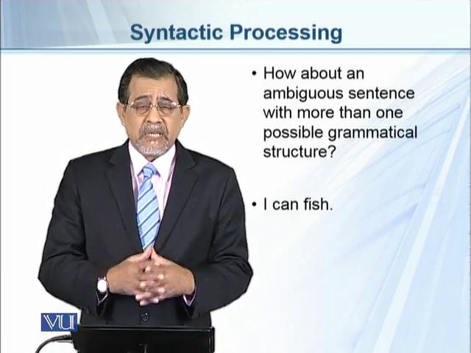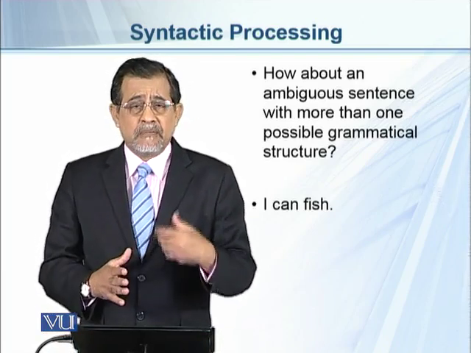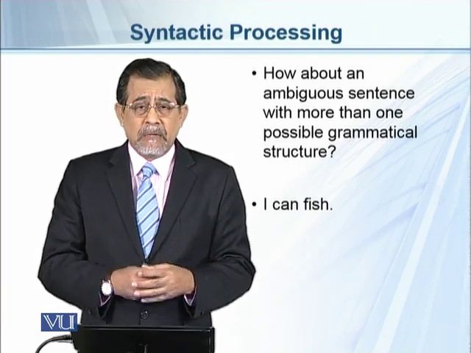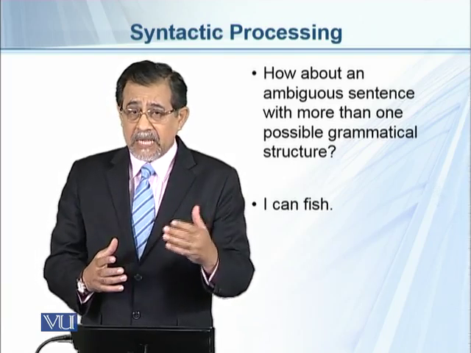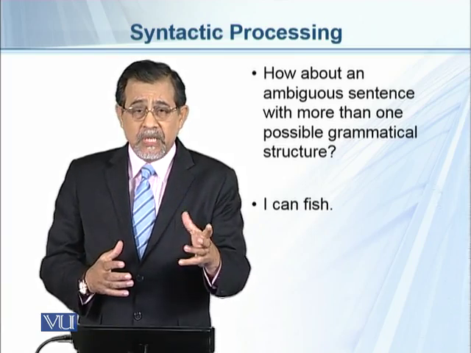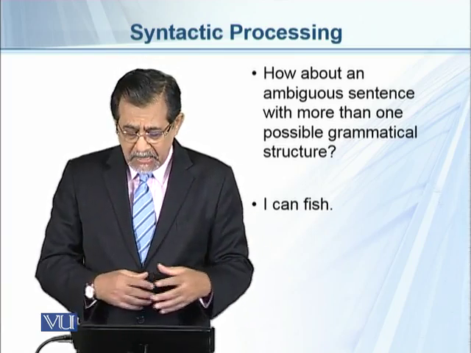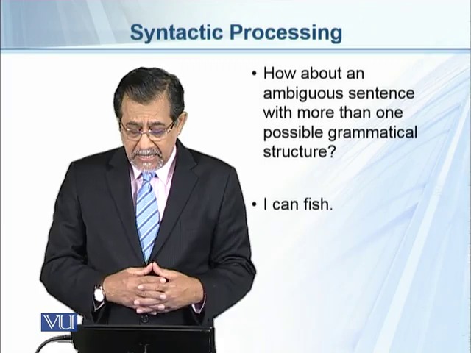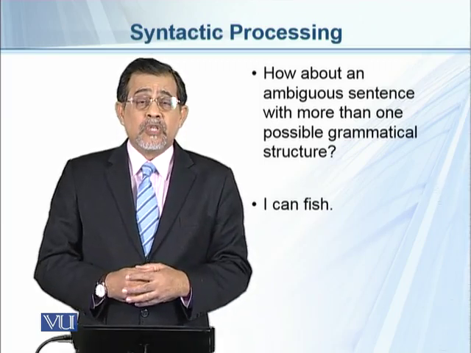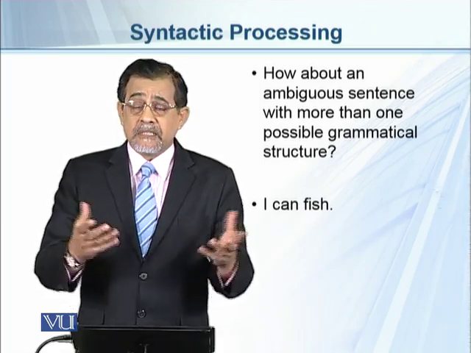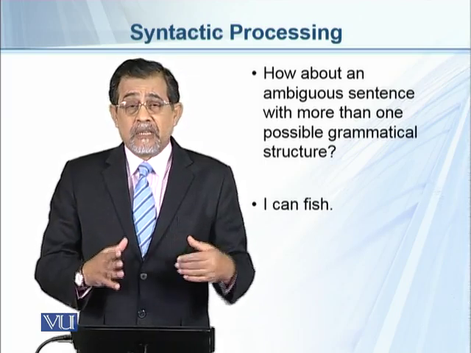Obviously, some sentences are very easy because they have just one meaning. But there can be some sentences which have structural ambiguity, which can have two meanings. For example, if we take a sentence like this, I can fish. It is a very simple sentence, right?